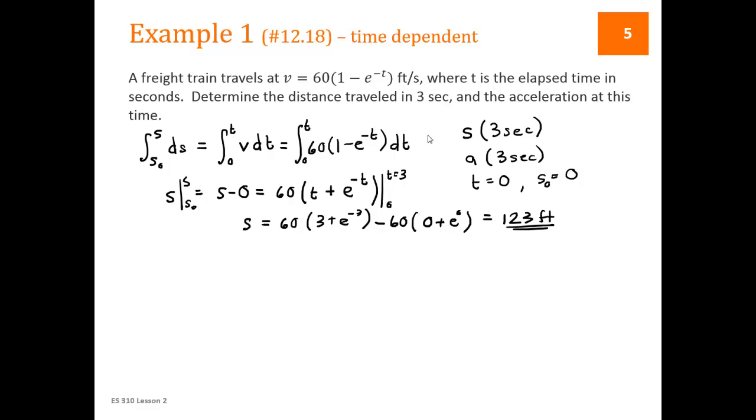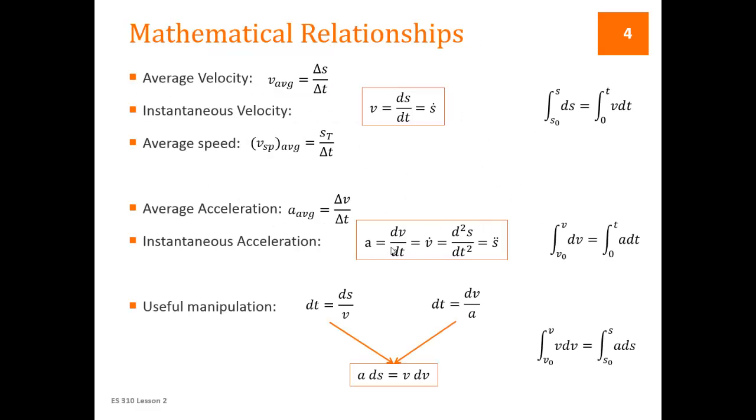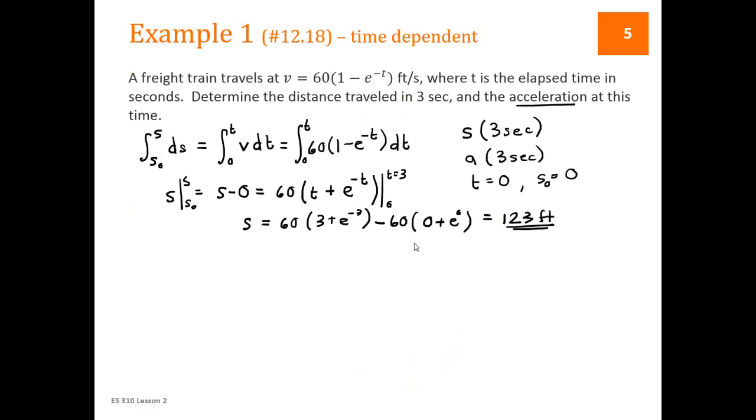Now, the next part of this is to find the acceleration. So if we look back at the previous slide, the acceleration is the time derivative of the velocity. So a is equal to dv dt. So what is the time derivative of 60 times 1 minus e to the negative t? All right.